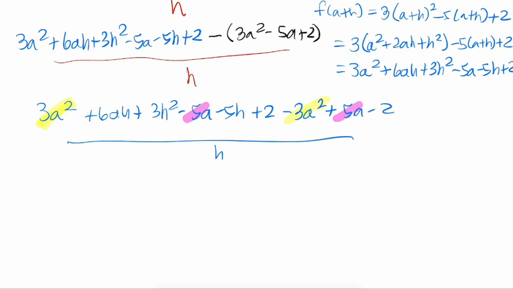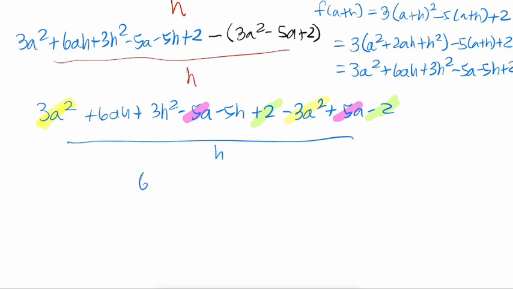Positive 2 and negative 2 cancel out. Here's the way to check that you're probably on the right track: does every single piece that I have not highlighted contain an h? That's a great sign. Probably our algebra is right.